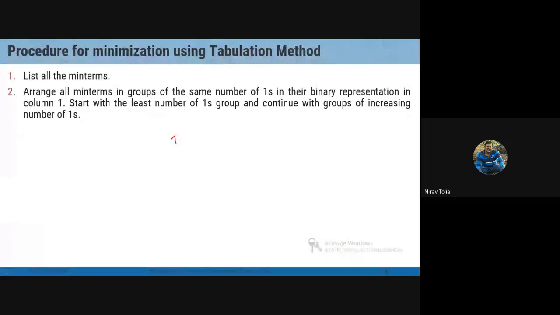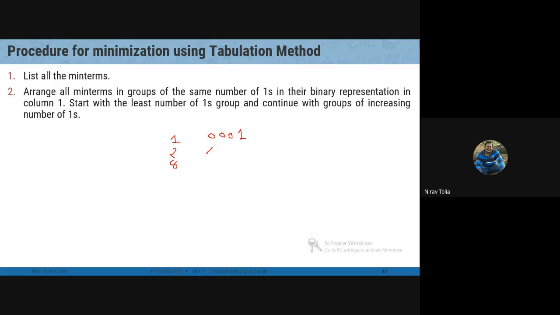Suppose I have min terms 1, 2, and 8. These min terms are in a single group. Why? Because if you convert 1 into binary, your answer is 0, 0, 0, 1.